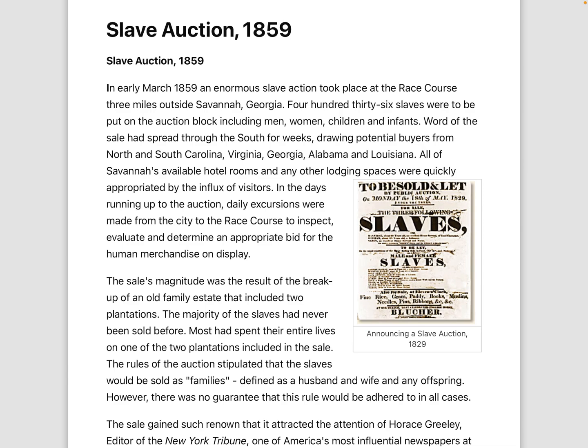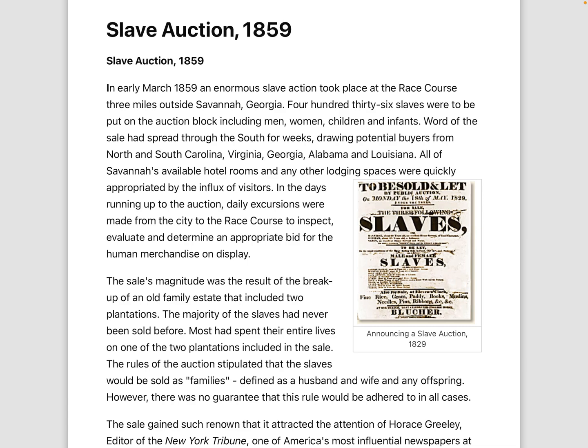In early March 1859, an enormous slave auction took place at the race course 3 miles outside Savannah, Georgia. 436 slaves were to be put on the auction block, including men, women, children, and infants. Word of the sale had spread through the South for weeks, drawing potential buyers from North and South Carolina, Virginia, Georgia, Alabama, and Louisiana.